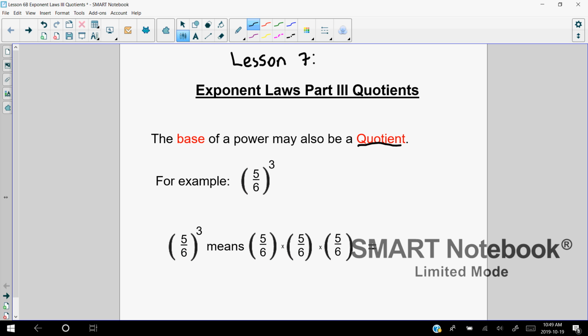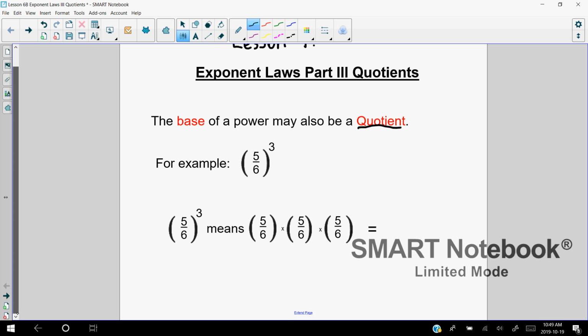So the base of a power might also be a quotient. So for example, 5 over 6 is a quotient and it's raised to the power of 3. So what that means in repeated multiplication is that 5 over 6 to the power of 3 is equal to 5 over 6 times 5 over 6 times 5 over 6.